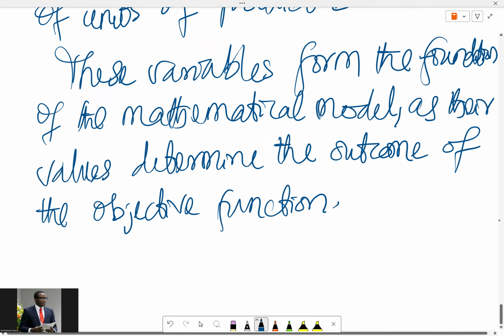Now, there are different types of variables in linear programming, and it's important to consider them.